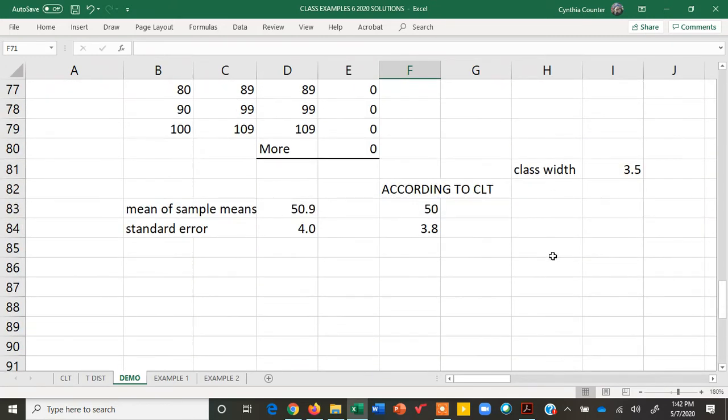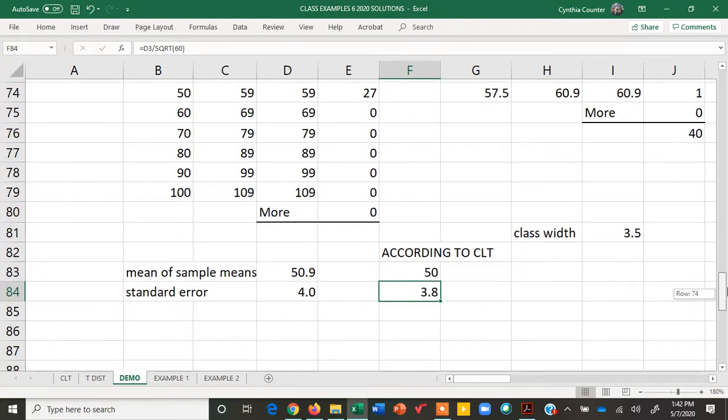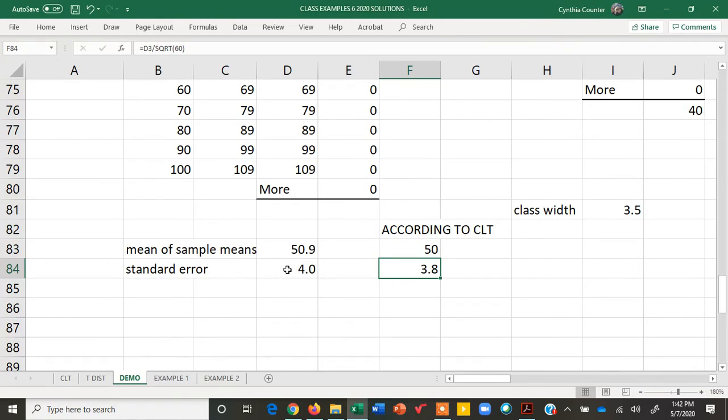If you look down here, here's where I actually have some numerical results, depending on every iteration of the random number generator. According to the central limit theorem we just discussed, we should have a mean of 50 and a standard error of 3.8. Sorry, I'm talking about standard errors down here. So 3.8, because the standard error is going to be the population standard deviation, which is in D3, divided by the square root of the sample size.